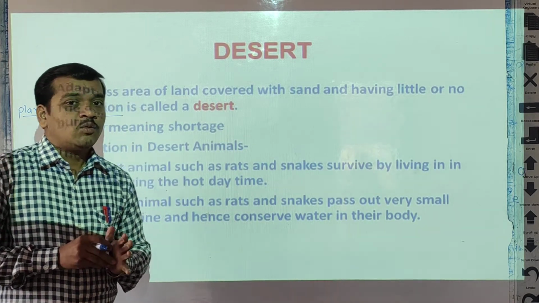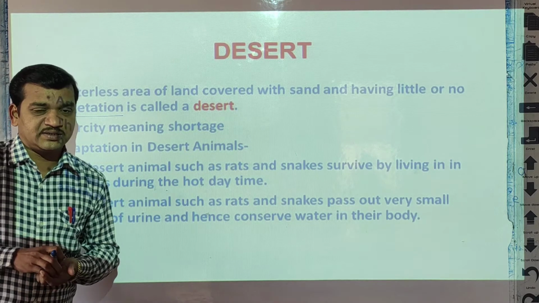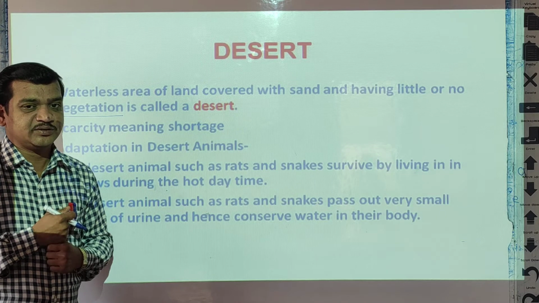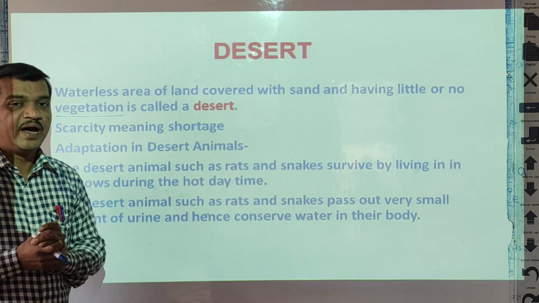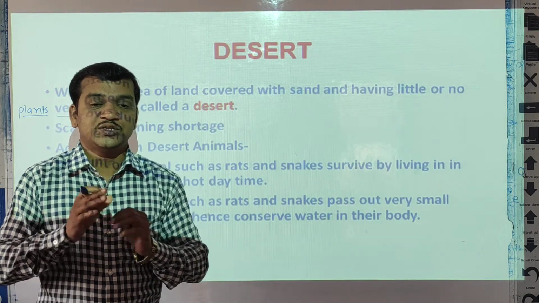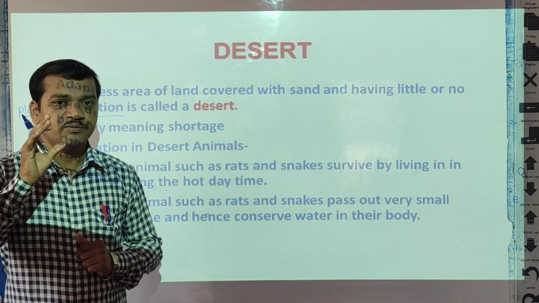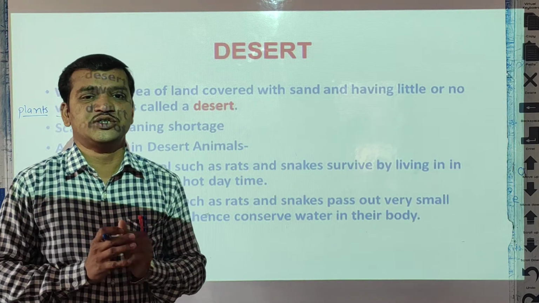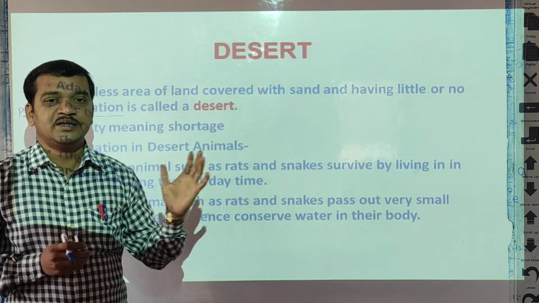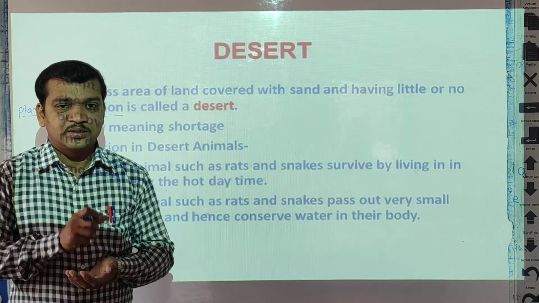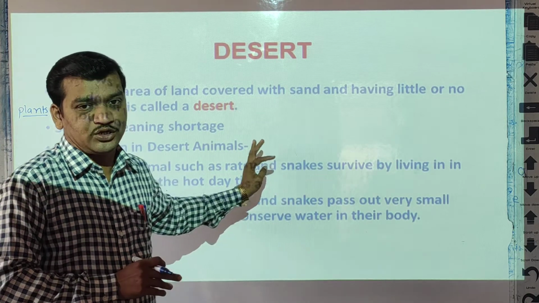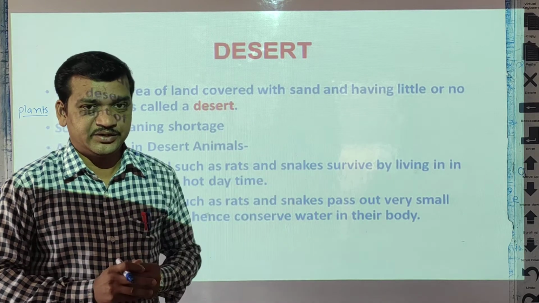Now second thing, the two dominant factors are scarcity of water and high temperature. Due to the scarcity of water and high temperature, the area becomes sandy. Those animals living in this particular area have to face this problem of shortage of water and high temperature.